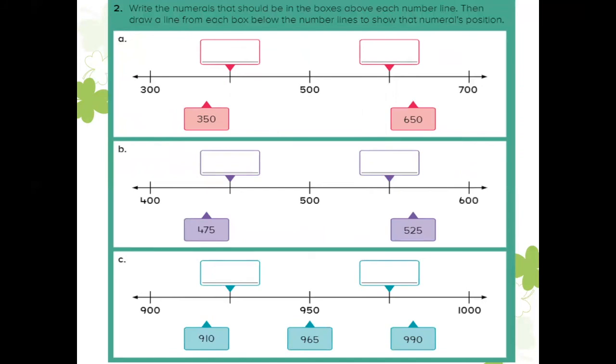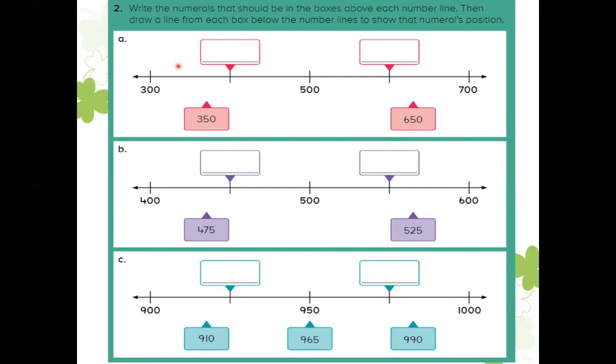You have here 2 missing boxes on top of the number line. You're going to write the missing numbers, and you have 2 numbers below. What you are going to do is put an arrow and write the answer. For example, we have here 300, 350, 500, 650, and 700.